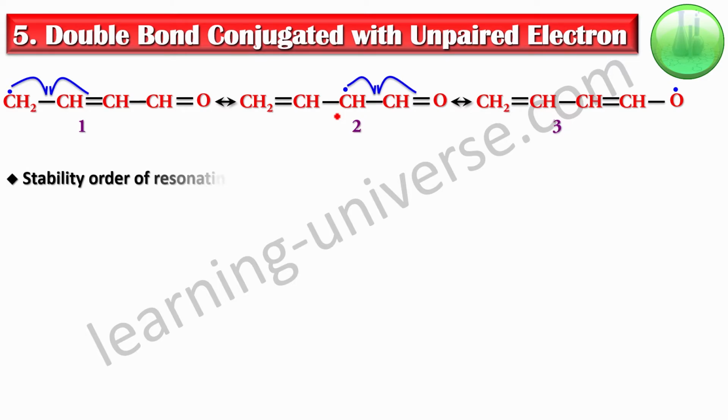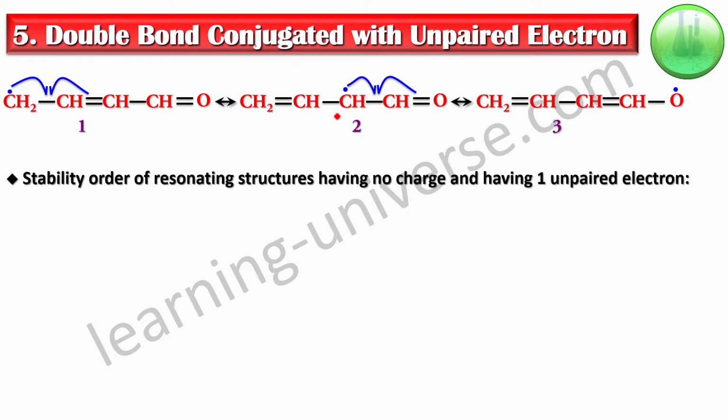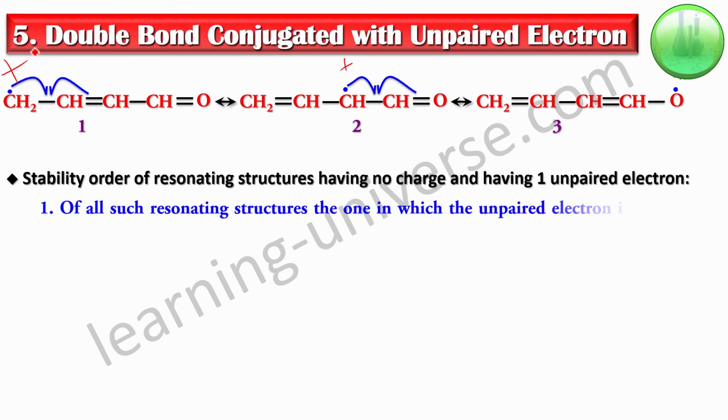Stability order of structures having no charge and having one unpaired electron. You can treat the unpaired electron just like a positive charge and look into the stability. If instead of this dot it had been a positive charge, what do you think the stability would have been? Just write down the stability and then replay the video. Now, of all resonating structures, the one in which the unpaired electron is on the least electronegative atom is most stable.